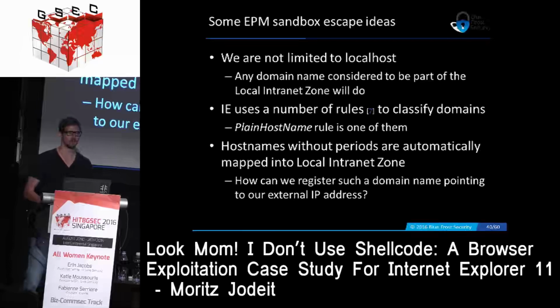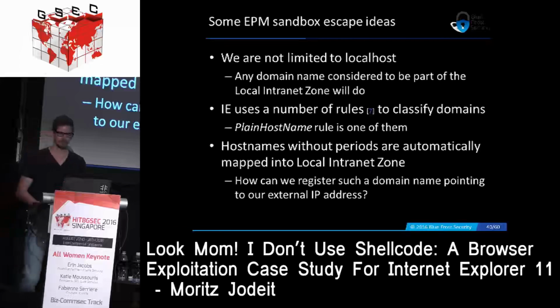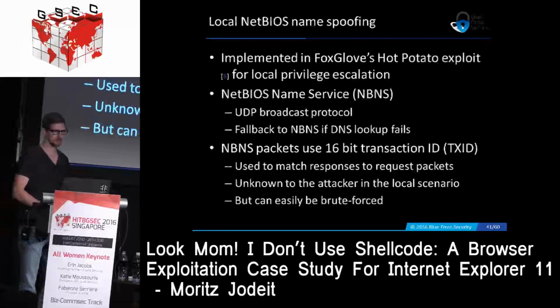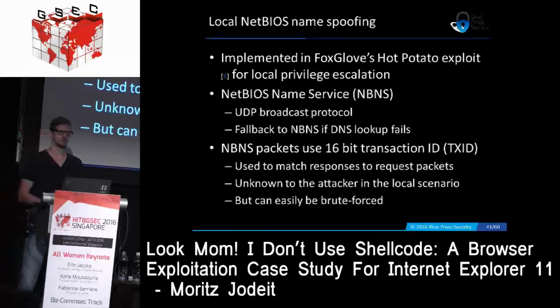So it all comes down to whether we are able to somehow register a new domain name without any periods which still points to an external IP address we control. And it turns out, yes, that's possible, and you can do that by doing local NetBIOS name spoofing. Again, this is not a new technique. As far as I know, it was first implemented in Foxglove's Hot Potato exploit, and they used it for the purpose of local privilege escalation.